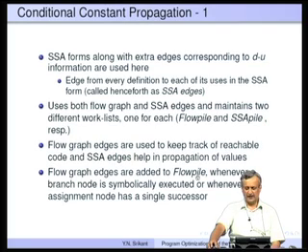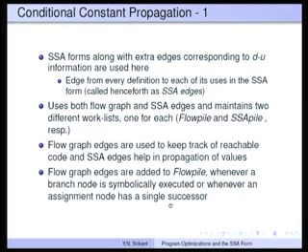Flow graph edges are added to the flow pile whenever a branch node is symbolically executed or whenever an assignment node has a single successor. So, this is very clear. If we have a single successor after finishing a particular node, the next node would be added.